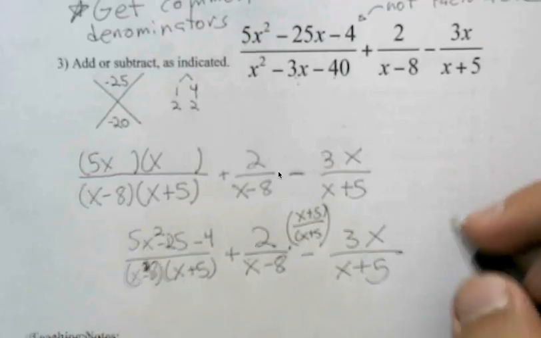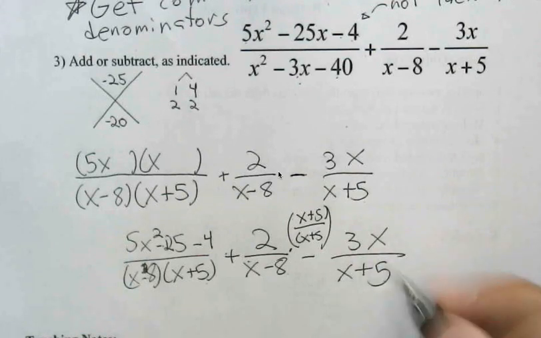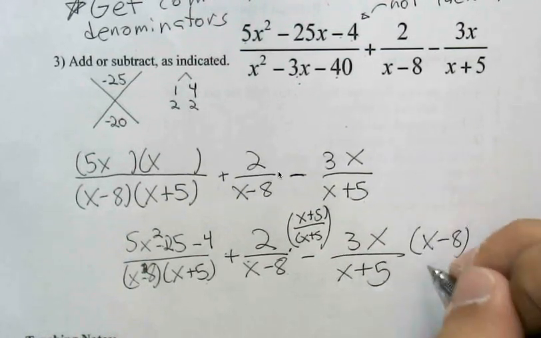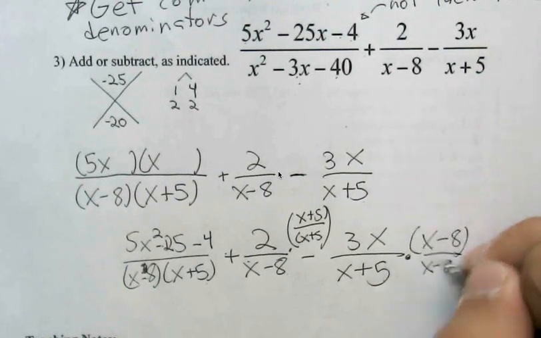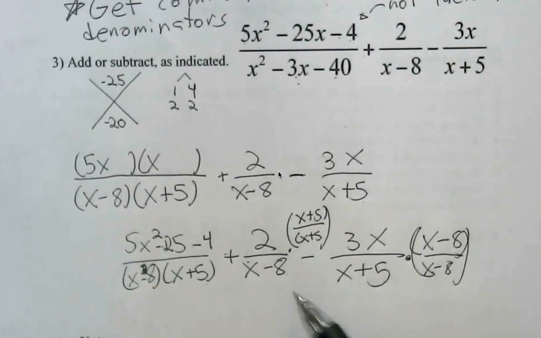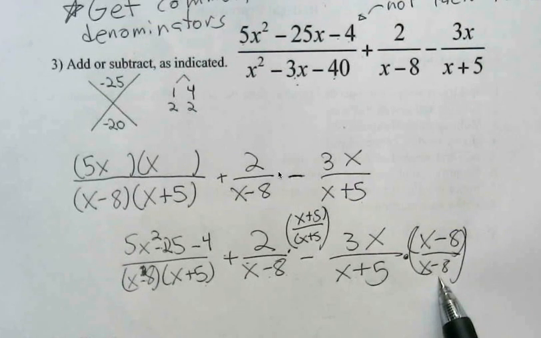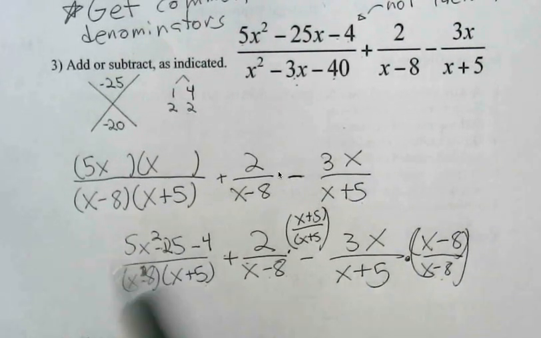This one would need x minus 8 because it only has x plus 5 currently. So we multiply the top and the bottom with x minus 8. From here, we will then have the same common denominator of x plus 5, x minus 8. So for now, I'm just going to focus on the top.